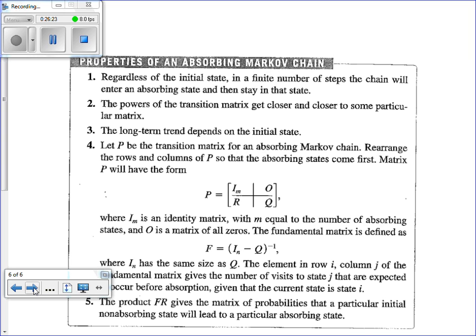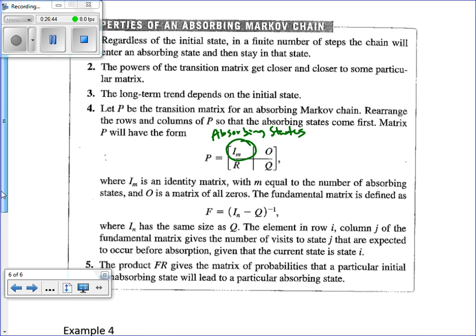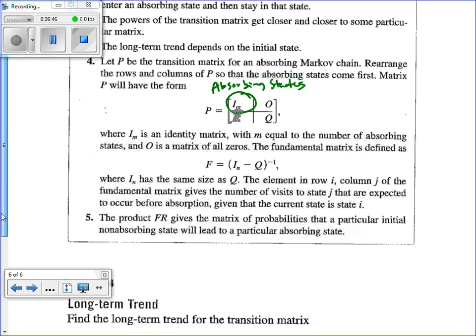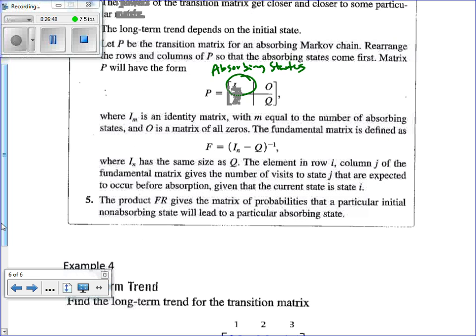Number 4, P, which is our transition matrix for an absorbing Markov chain. What we want to do is rearrange so that we have this one represent our absorbing states. And then we can take the parts from P. We rearrange our values and find F, which is the fundamental matrix.